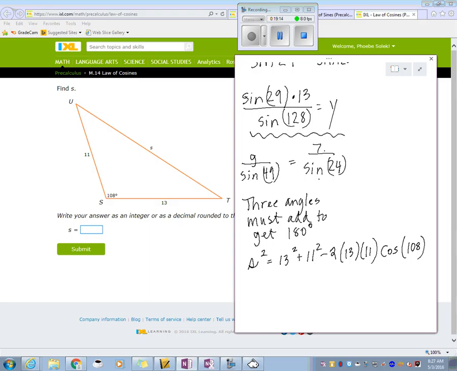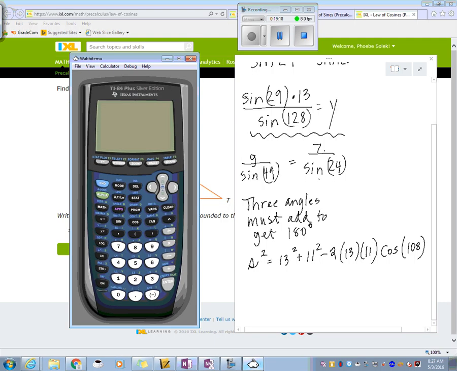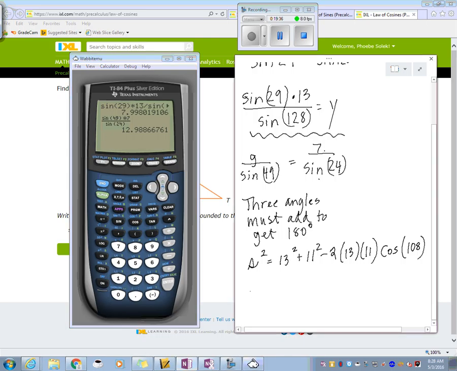So now we're ready to pull out the calculator. And again, our calculator was already in degrees, but let's double check the mode. Okay, so it's still in degrees since it was sleeping. So 13 squared. And I'm actually going to go ahead and do the square root of this, because then I have less things to enter.